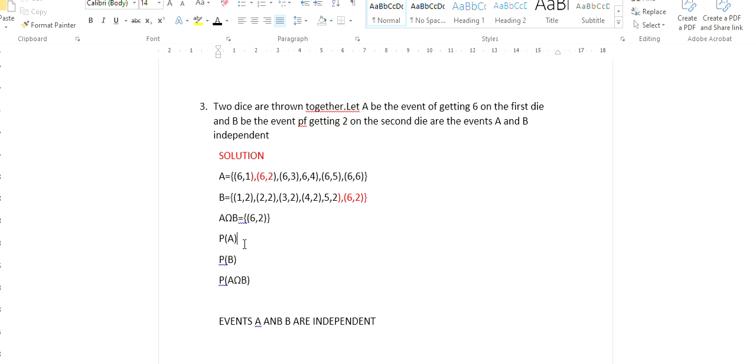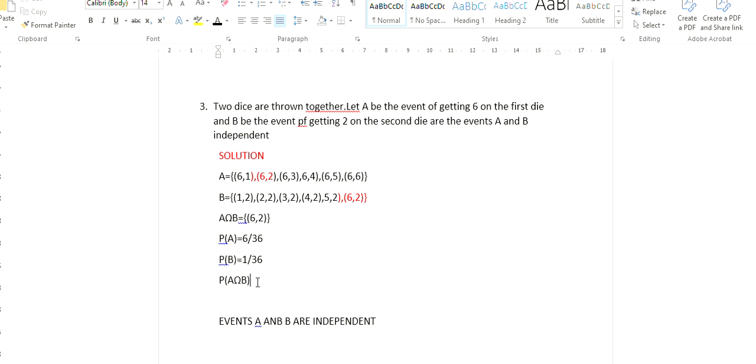Then what is the probability of A? That means occurrence: 6 possibilities out of 36. Then what is the probability of B? B is 2 occurring on the second die, so the probability of B is 1 divided by 36.